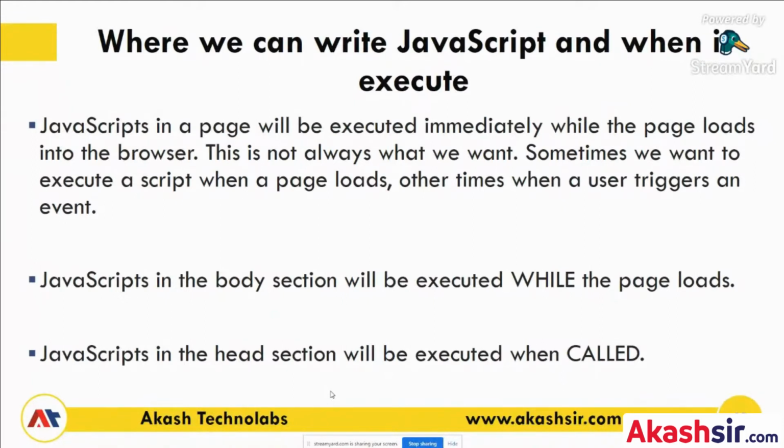Sometimes we want to execute a script when the page loads, other times when the user triggers particular events. For example, if you type or click on a button, at that time we need to execute a JavaScript, right? So JavaScript in the body section will be executed while the page loads, and JavaScript in the head section will be executed when it is called.